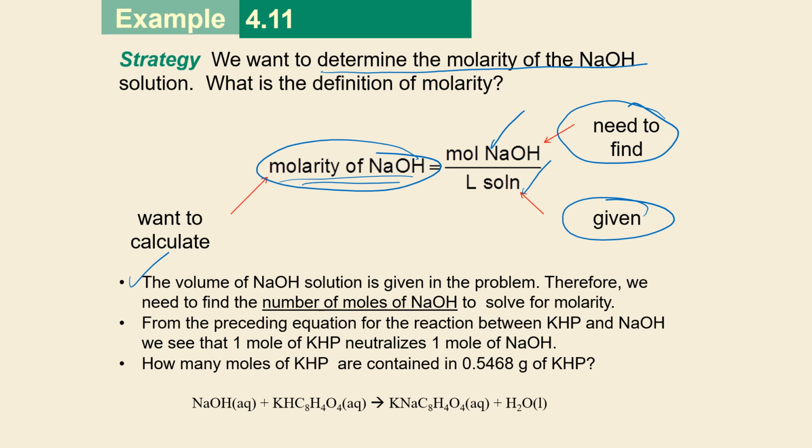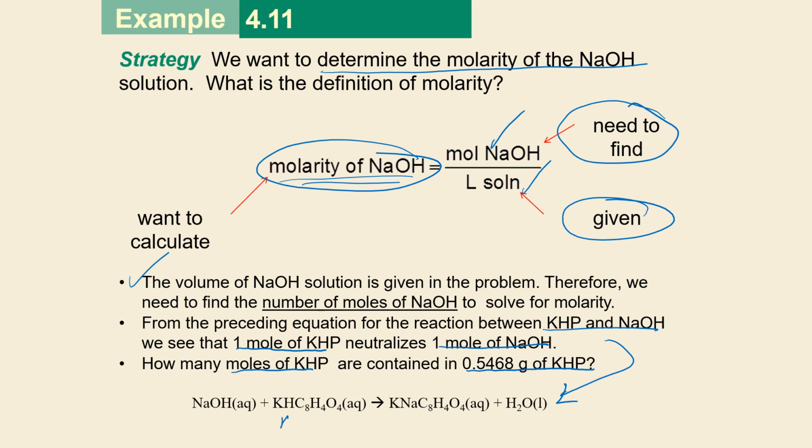We know we have a balanced equation for KHP and NaOH. It's right here. And we see from that, again, a 1-to-1 mole ratio of the reaction of the acid with the base. So now we can ask ourselves, how many moles of KHP are contained in 0.5468 grams of KHP?